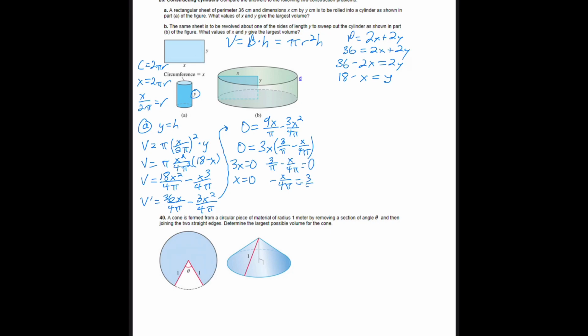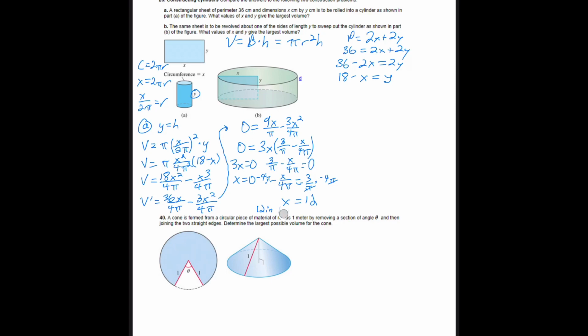Solve the one on the left by dividing by 3, and you get x equals 0. Solve the other one, you subtract 3 over pi from both sides. So it's negative x over 4 pi equals negative 3 over pi. And multiply both sides by negative 4 pi. So x equals, pi's cancel, negative 3 times negative 4 is 12.